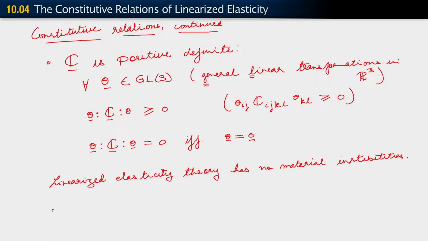What I'm going to do next is give you a very special form of the elasticity tensor, but one that is used very widely. We are going to write out C for isotropic materials.